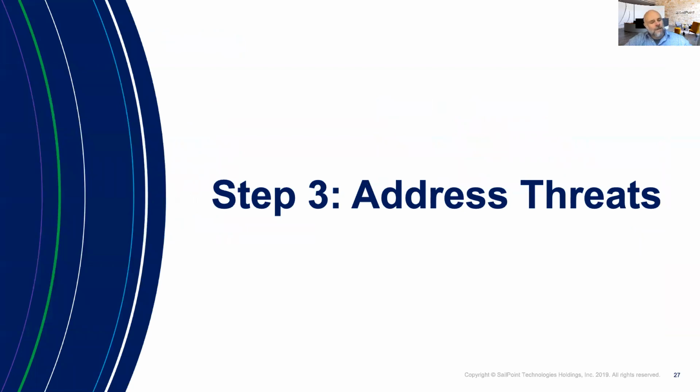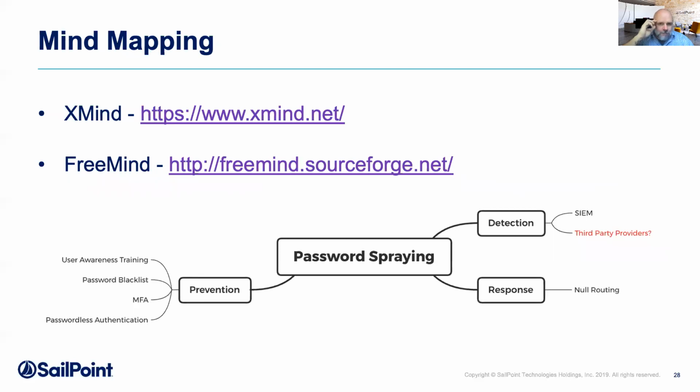So once you've done that, you understand your environment, you're looking at the threats that are relevant. Now you need to say, well, what are we going to do about them, right? What steps are we going to take to address these threats? And one of the biggest challenges is getting this stuff out of your head and onto paper so that it makes sense, right?